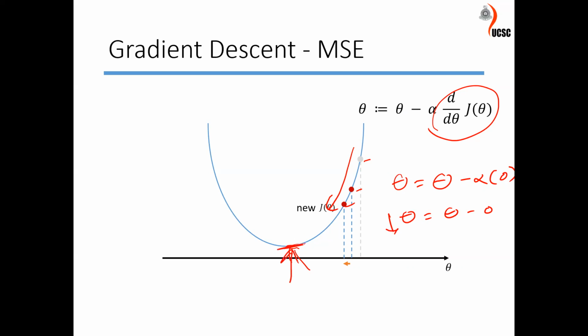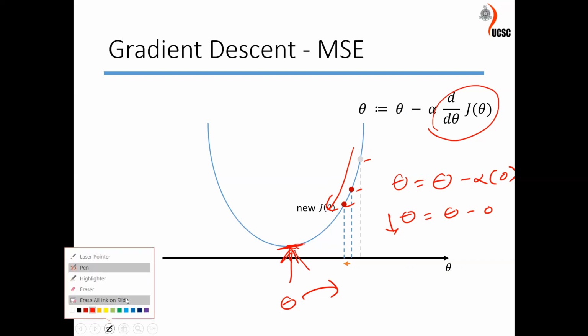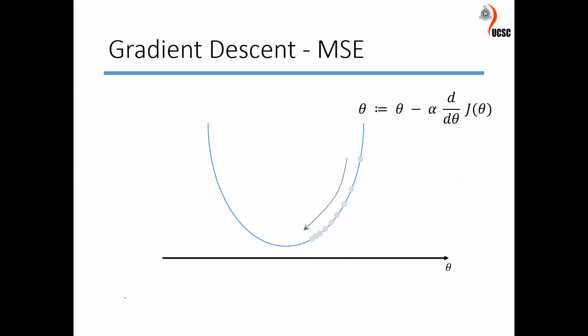At this point it will give the minimum cost value with a set of parameters. At this point, our hypothesis will be the most fitted hypothesis for our training data. That's the basic idea. It will go in this kind of pattern and come to a place like this.